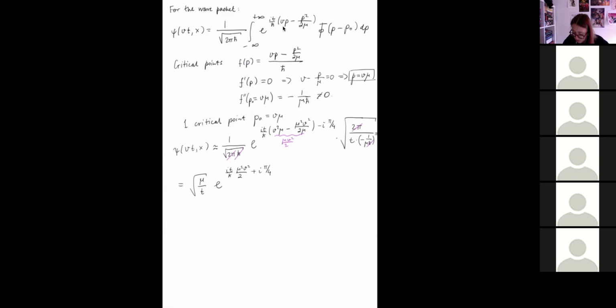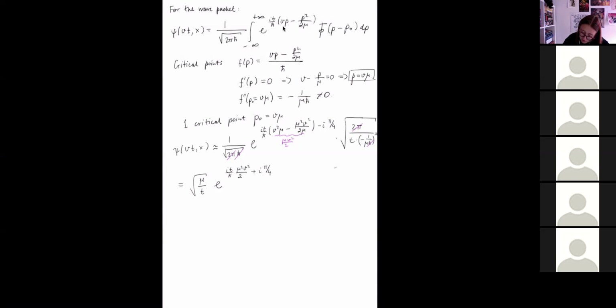Minus turns into the plus because here we were taking the square root of minus i. Is it correct? Yes.